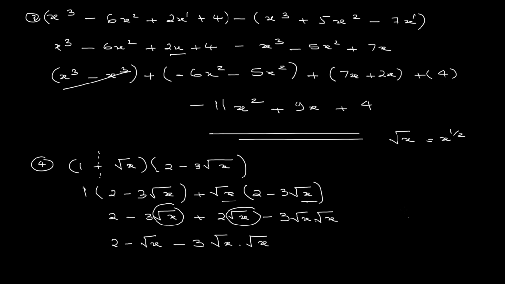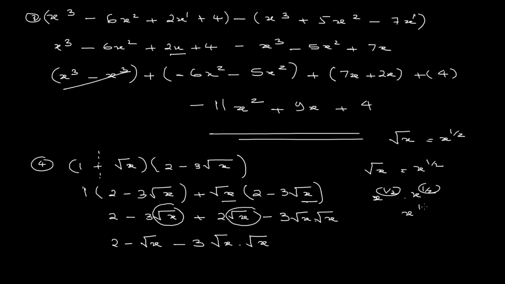Now, again, this we said is x to the half. If you look at our file for exponents, you'll see that if I have x to the half times x to the half, we said that we add the powers.